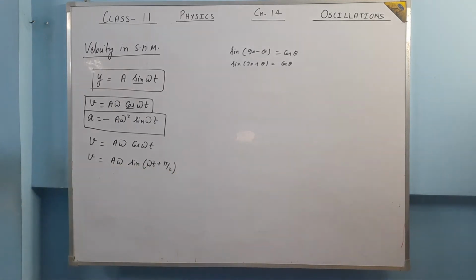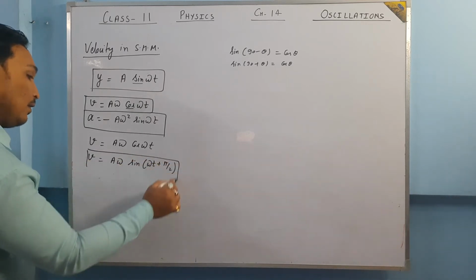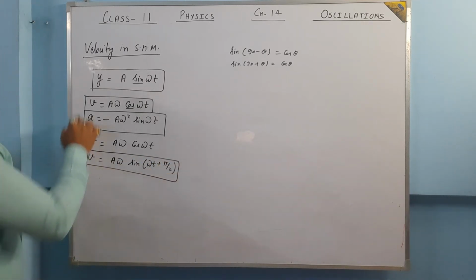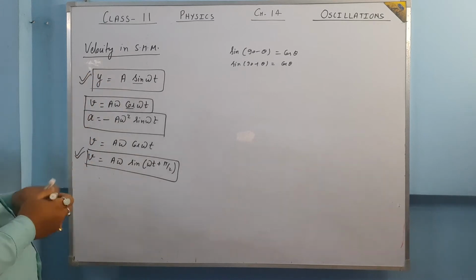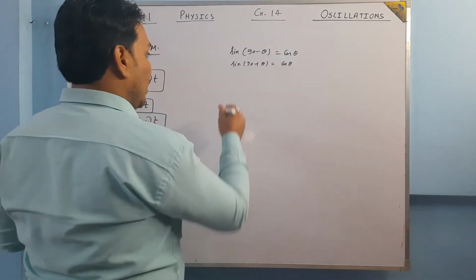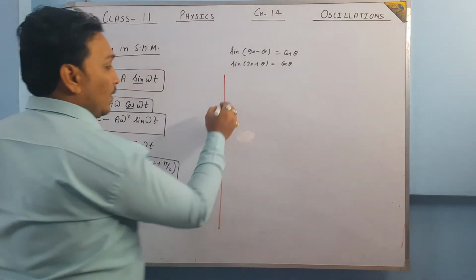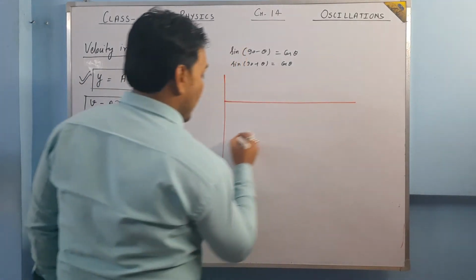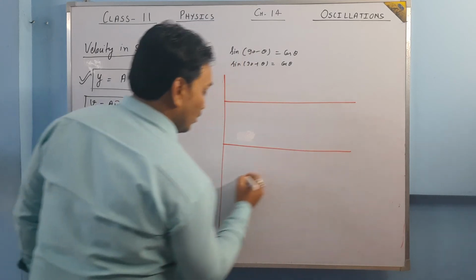Now, if I compare this velocity with this displacement in a graph, how will the graph be drawn? Suppose these are the axes on which I have to draw.